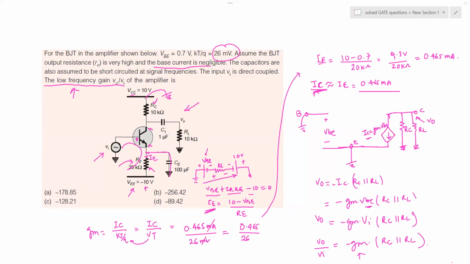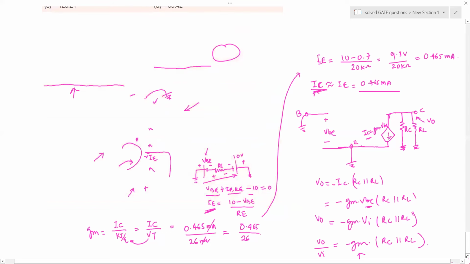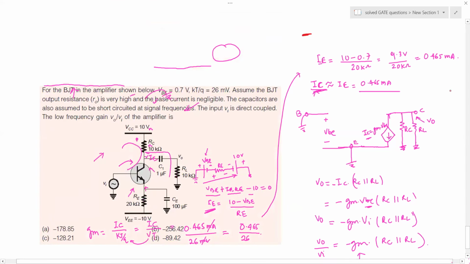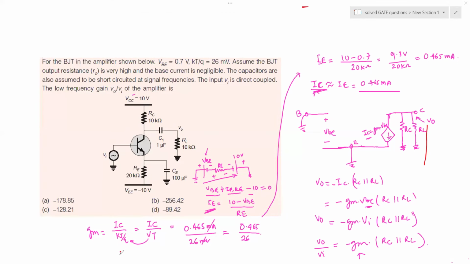This is the value of GM. Once you know the value of GM, you can plug that value into this expression of output divided by input. So let us do that. Here we are. We plug the value of GM back into this equation.